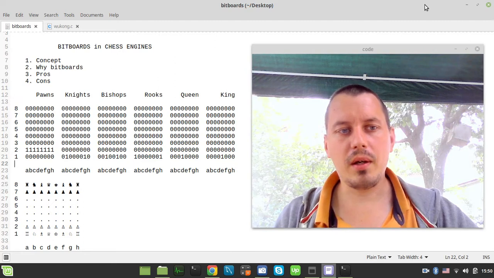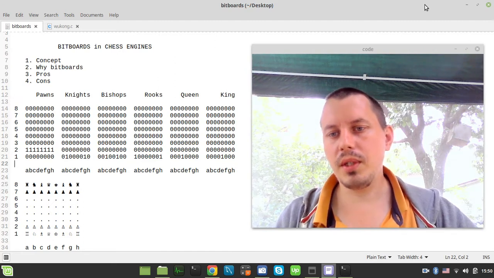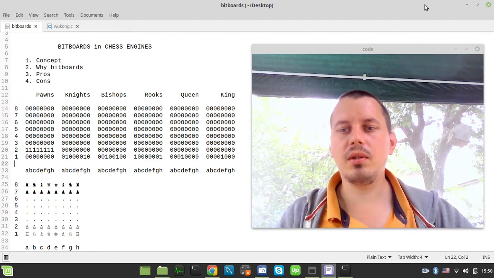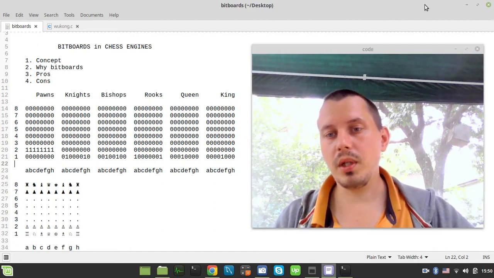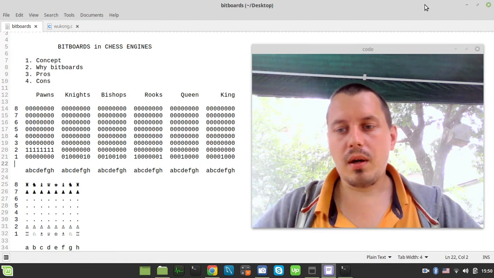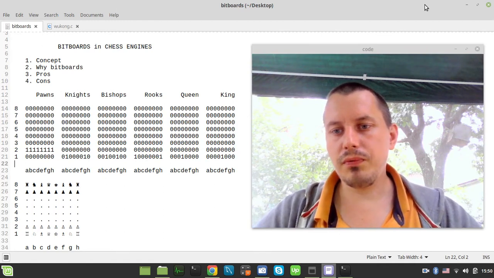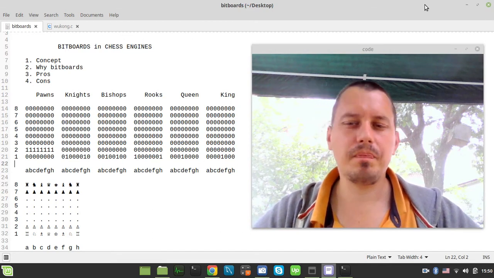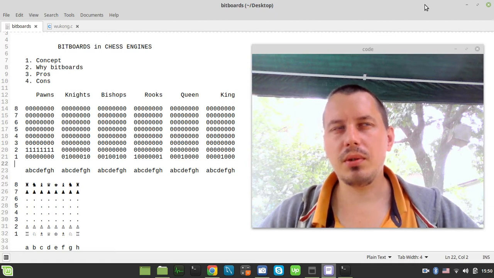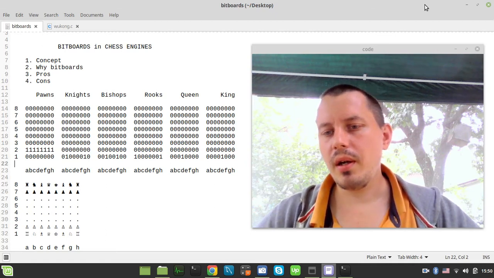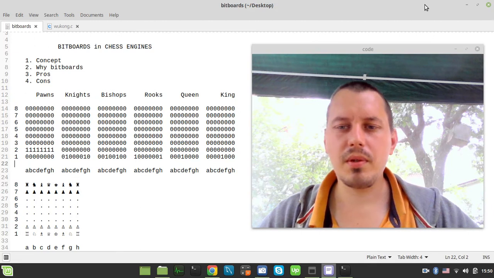So probably you know that there is a great series called Programming Chess Engine in C by Blue Fever Software, who was creating a 12 by 10 based board representation, 12 elements multiplied by 10 elements, so 120 elements within the board array.